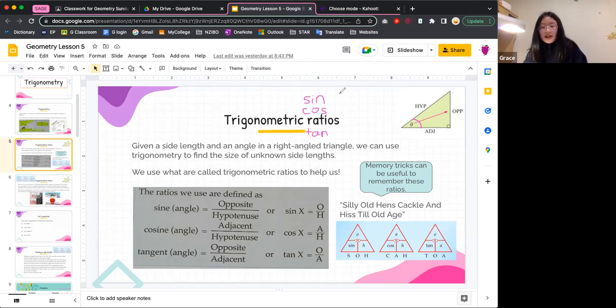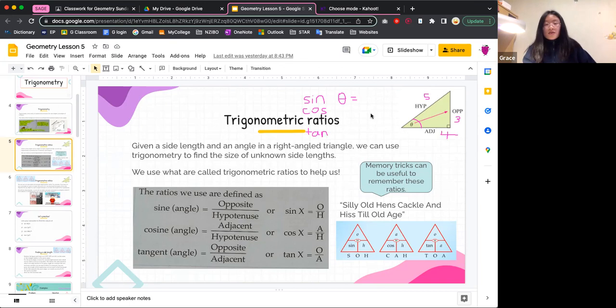Sine of theta basically means the ratio between the side opposite theta and the hypotenuse. For example, this triangle has lengths 5, 3, and 4. Sorry, did I just say 4 when I wrote 5? Sorry, 5, 3, and 4.